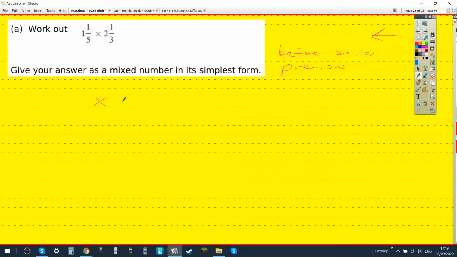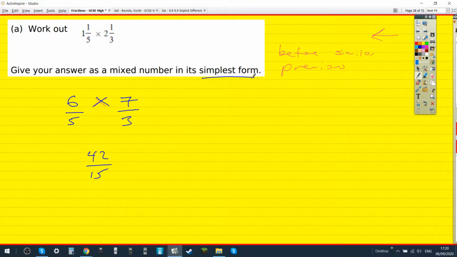And 1 and 1/5 would become 6/5. And then when you times together, you get 42/15.